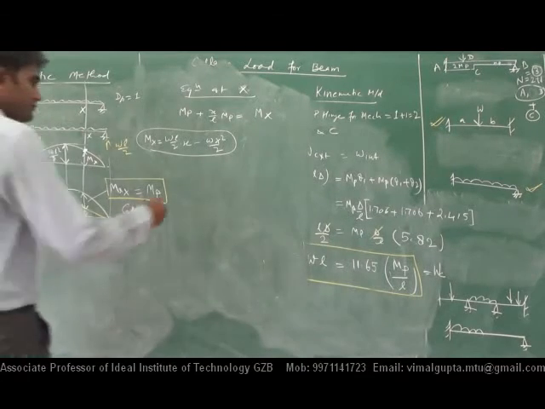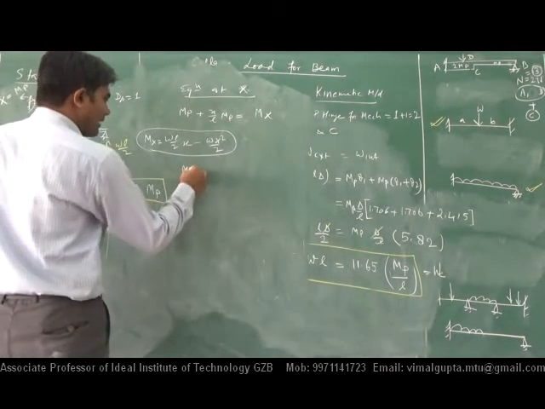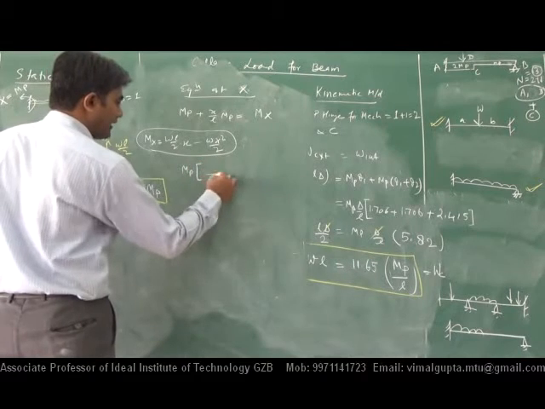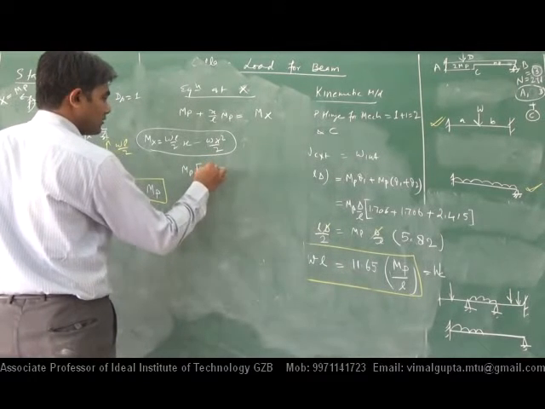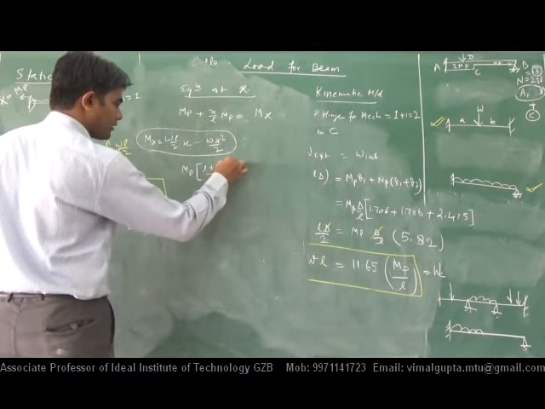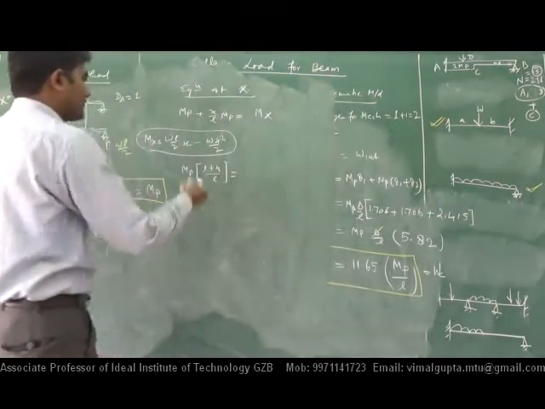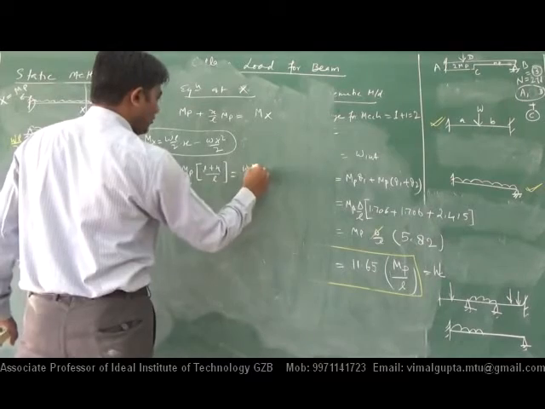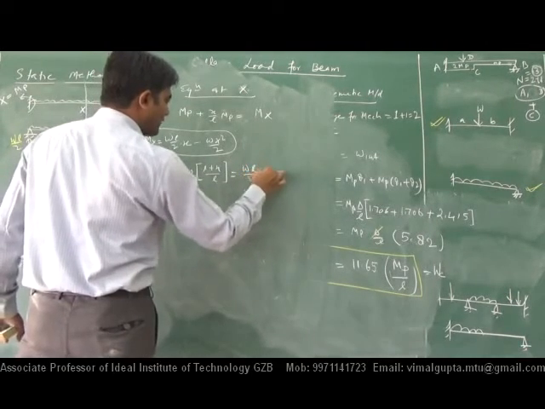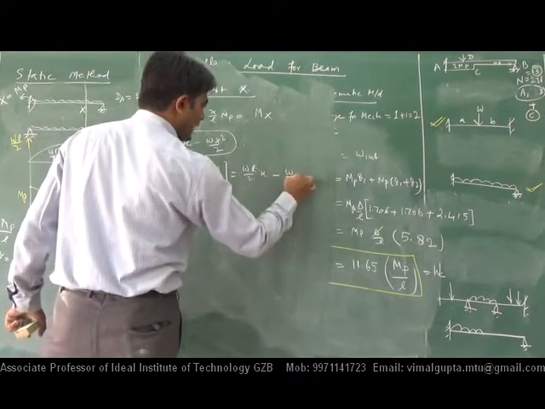So by putting that, take common. So it will be L into L plus X of this side and for that side it is W L by 2 into x minus W by 2 x square.